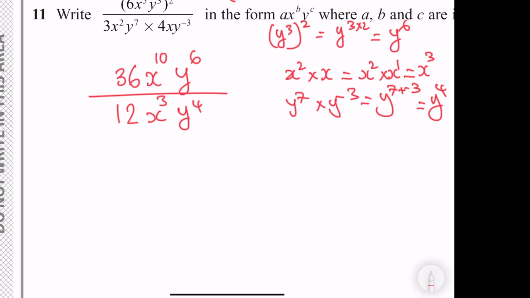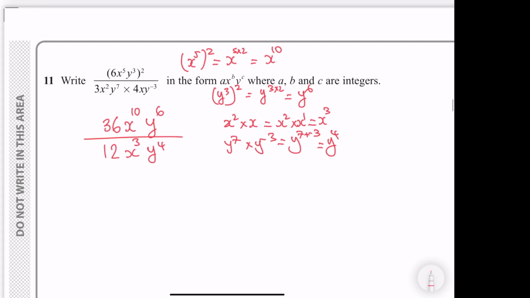Alright, so let's simplify now. 36 divided by 12 is 3. And x to the power of 10 over x to the power of 3 is actually the same as divide. So x to the power of 10 divided by x to the power of 3 is nothing else than division. So we have to subtract the first power minus the second power.